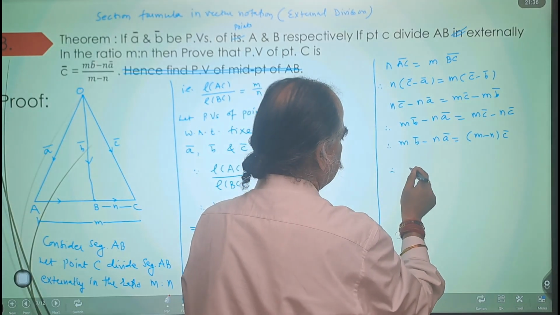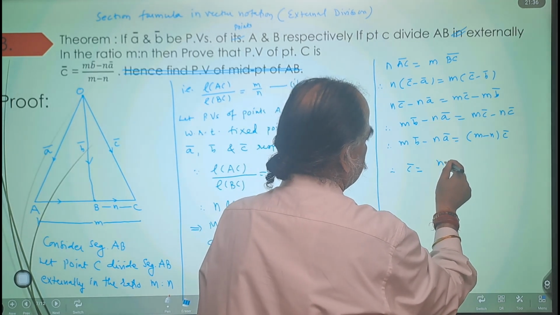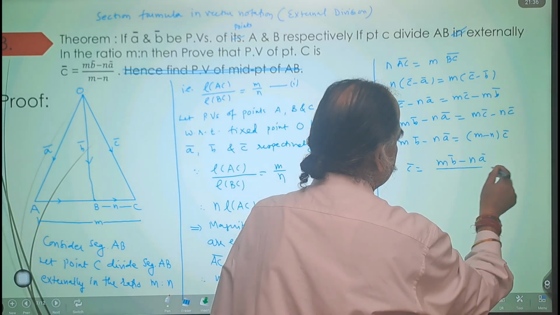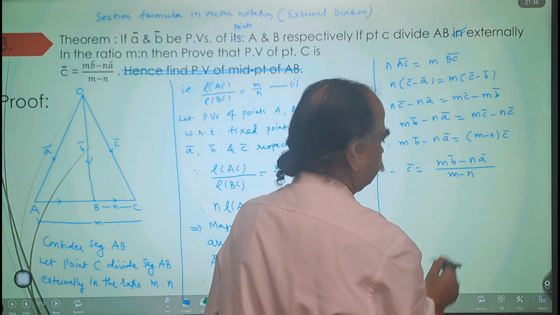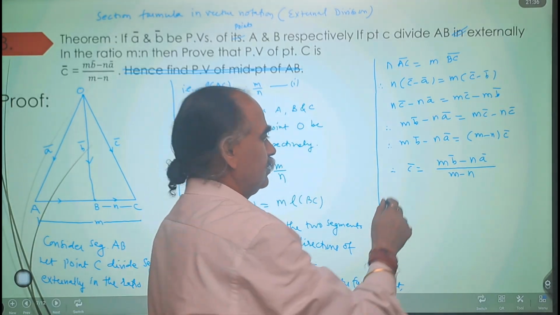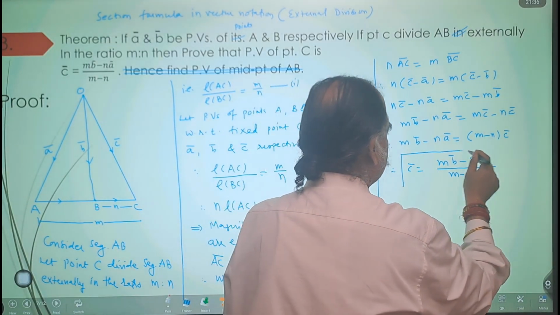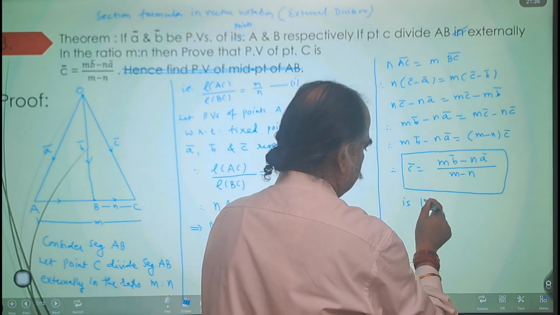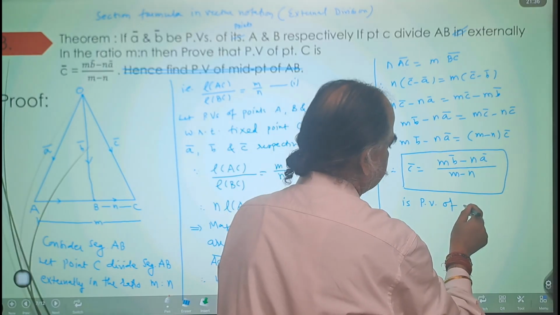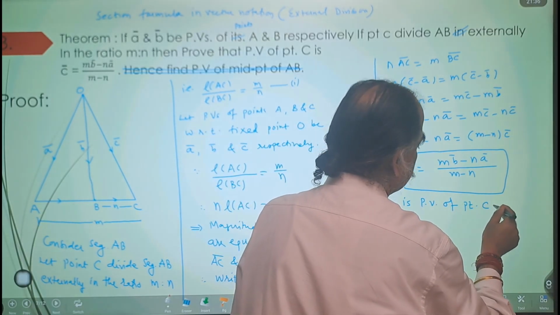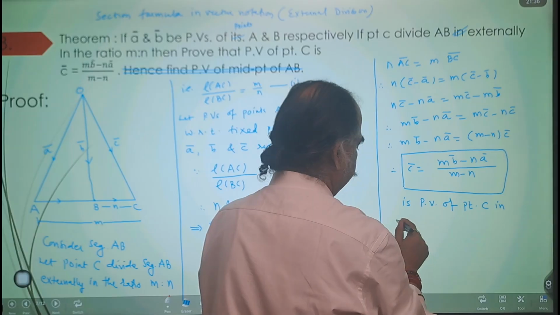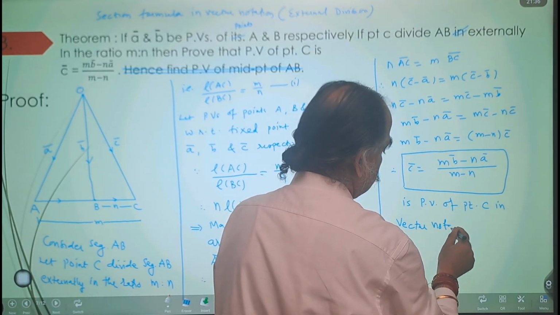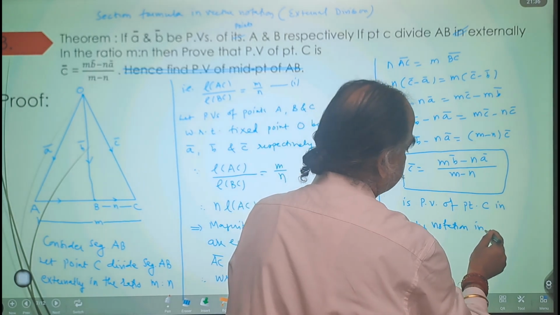What is C bar? C bar is m B bar minus n A bar upon m minus n, which is position vector of point C in vector notation in external division.